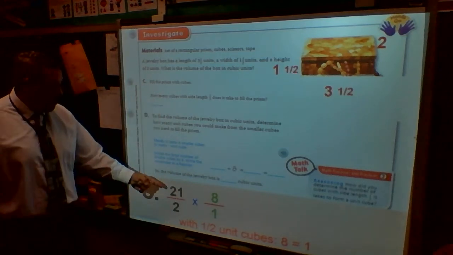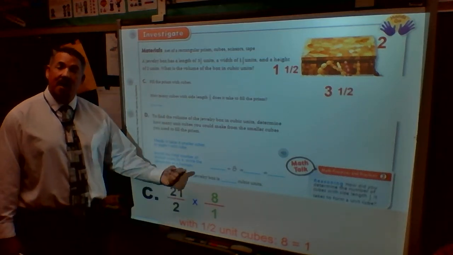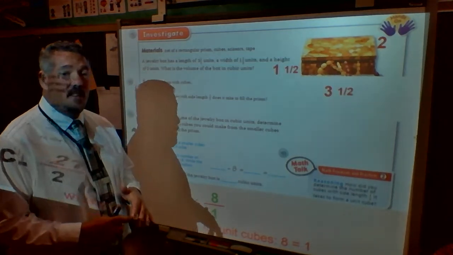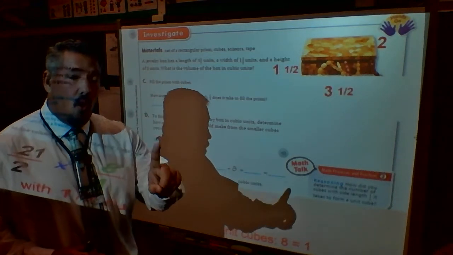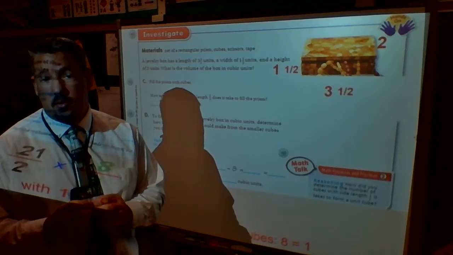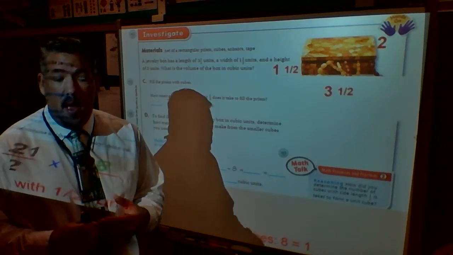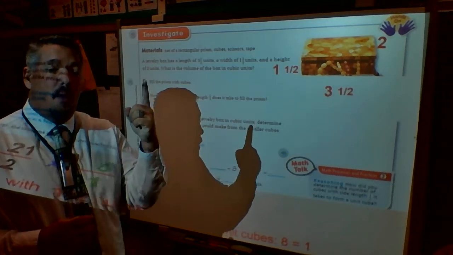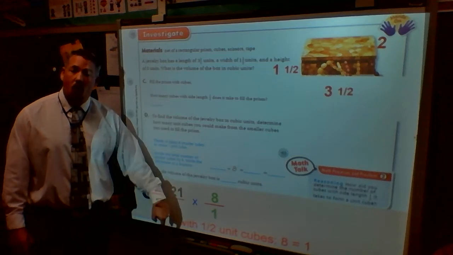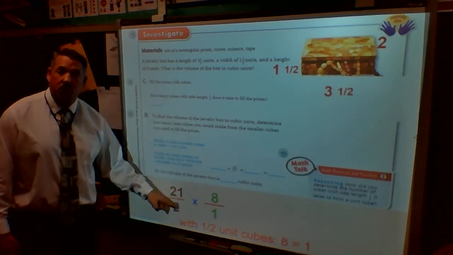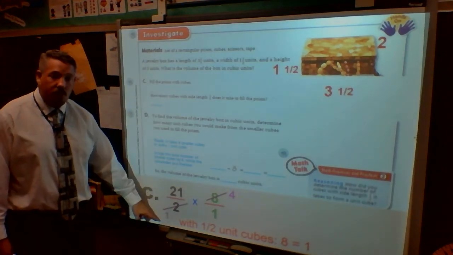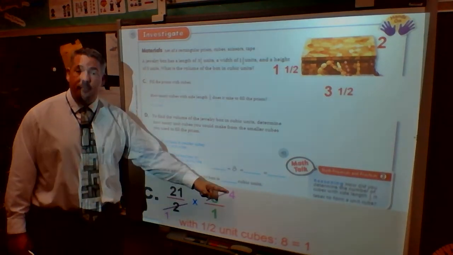So when I have 21 halves times 8 over 1, once again, that's going back to the idea that for every 1 cubic unit, if I have half unit cubes that I'm measuring with, then I have 8 of them that make up one big one. So I'm going to take my 21 halves times 8 over 1. I'm going to cross reduce because I can. It makes my math easier in the end. 2 goes into 2 one time. 2 goes into 8 4 times.